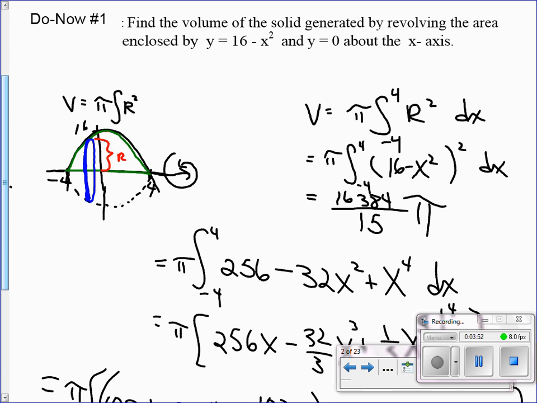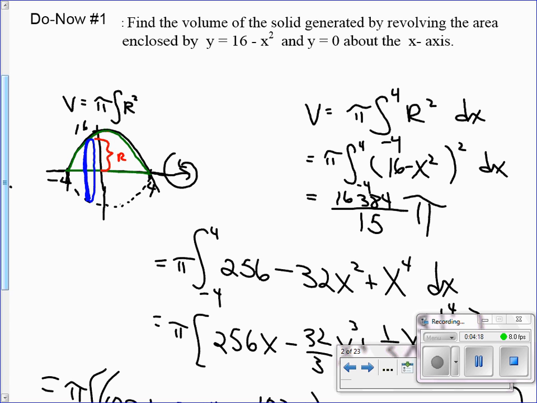The thickness is dx. Every time you go about the x-axis, thickness is dx. The limits of integration, smallest x to greatest x, would be -4 to 4. And the radius, we're going to use y top minus y bottom. So y on the curve equals 16 minus x squared. Y bottom is 0. That's the setup. Then if you put it into your calculator, that's what you would get.